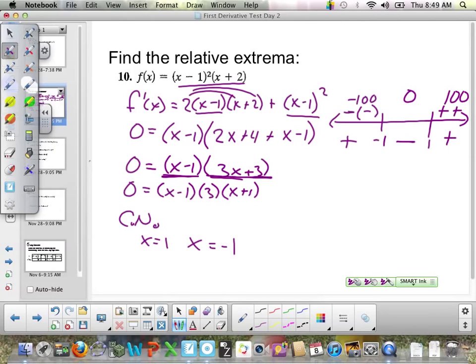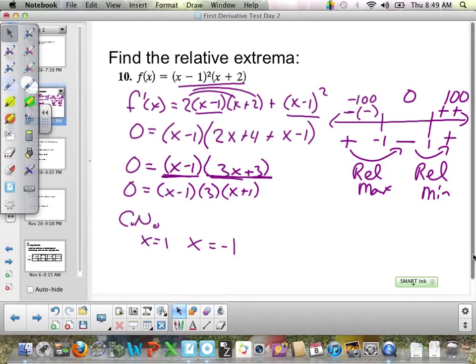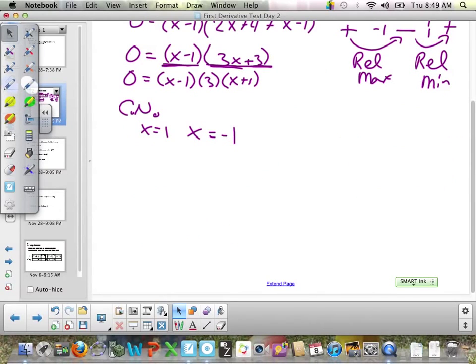And I can see my relative extrema right here. The sign changes from positive to negative. That is a relative max. Right here, my sign changes from negative to positive. That is a relative min. And I need to be more specific on the AP exam. I need to sit there and explain it better.